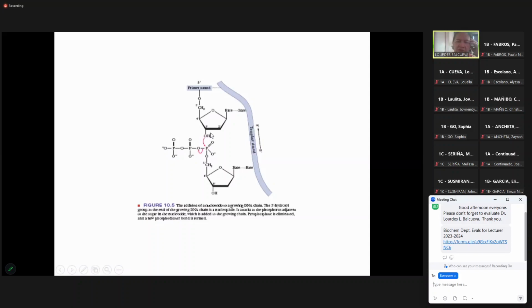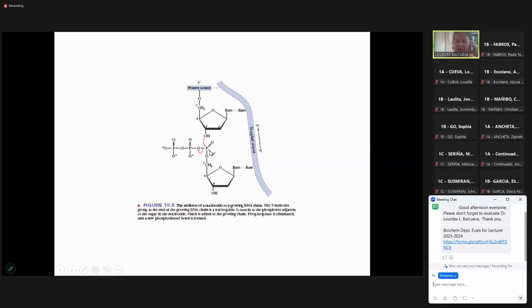There are two magnesium ions that take part in this particular reaction. So one will deprotonate this OH so that it becomes a more potent nucleophile, and attracts the P of the incoming nucleotide more.